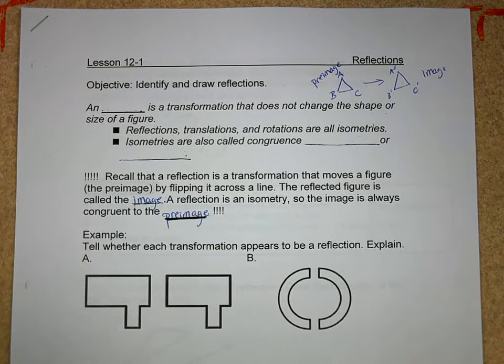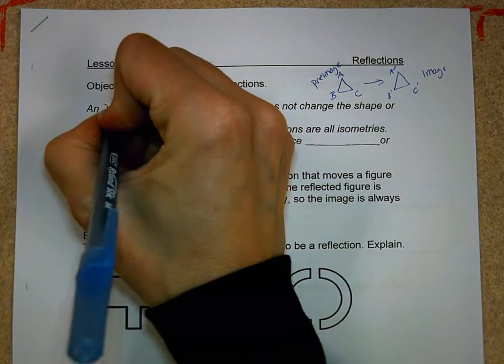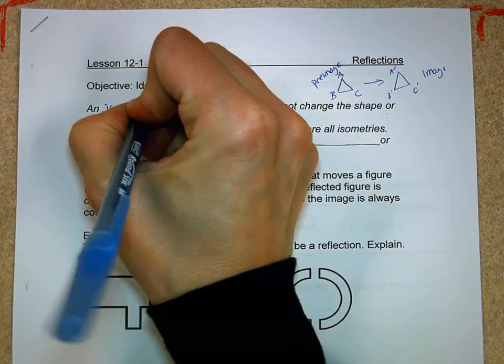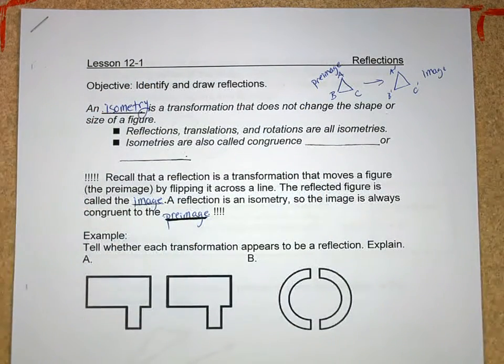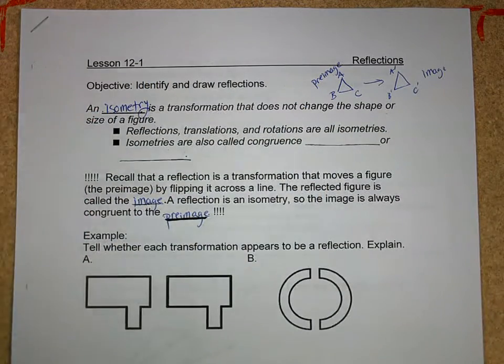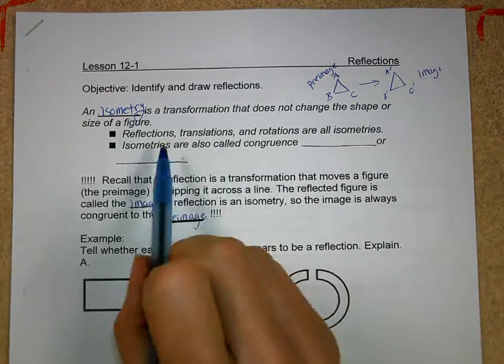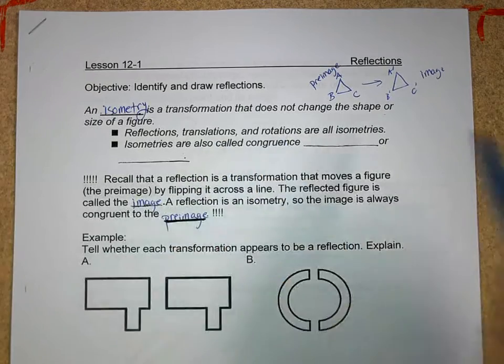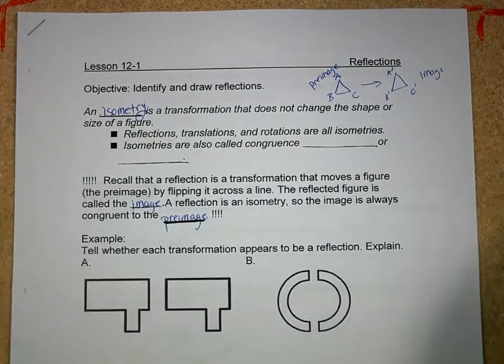And also remember, I used this word with you, but I did not have you write it down on Friday. It's called an isometry. An isometry is a transformation that preserves size and shape. So remember, when we were going through the 4 different types of transformations, we had reflections, translations, and rotations. Those were considered isometries. Dilations, which enlarged or reduced a figure, are not an isometry because they don't preserve size and shape.